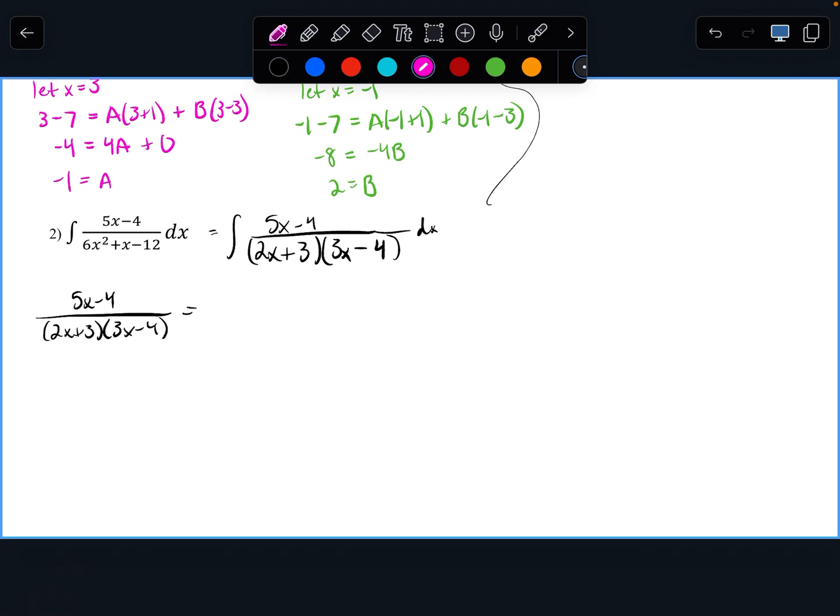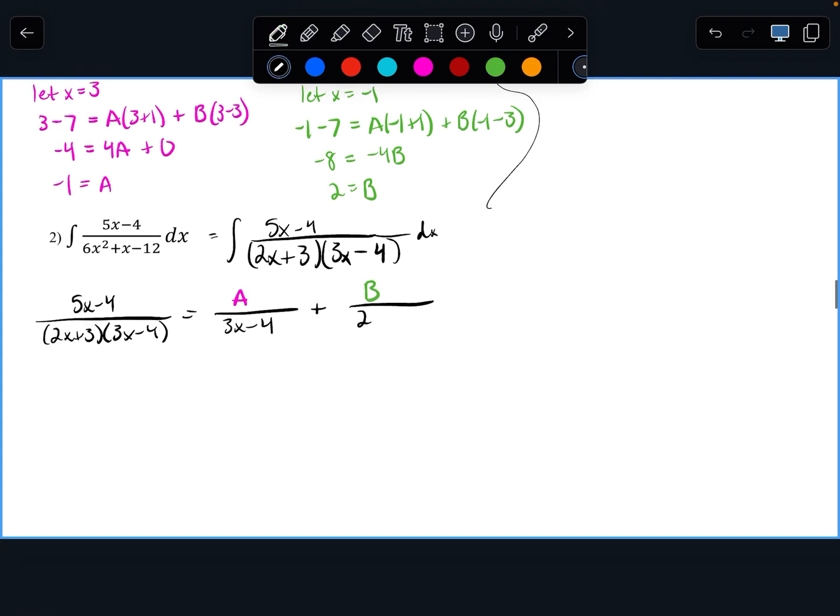So you're going to have an a over, I'm going to be consistent, oh, I did 3x minus 4 first. I'm just going to be consistent with my notes. And then b over 2x plus 3. You could have them switched. You still get the same answer. I just want to double check my work as I'm going through here.